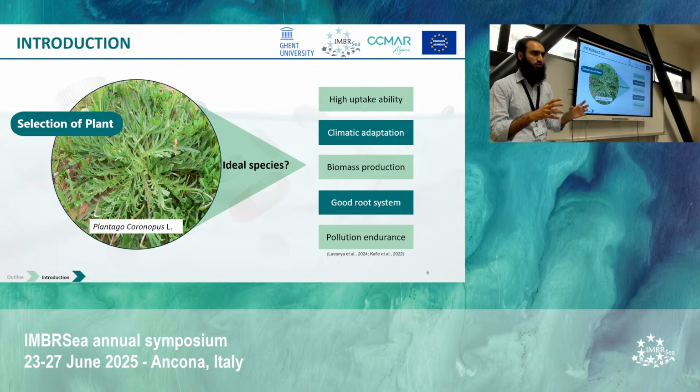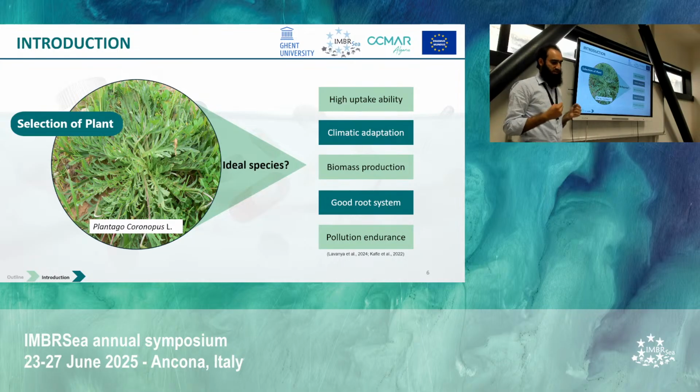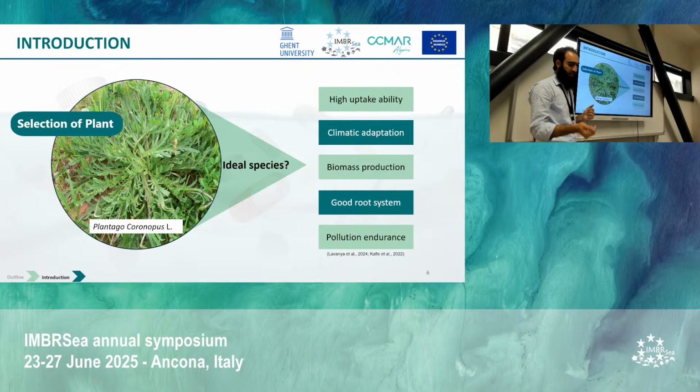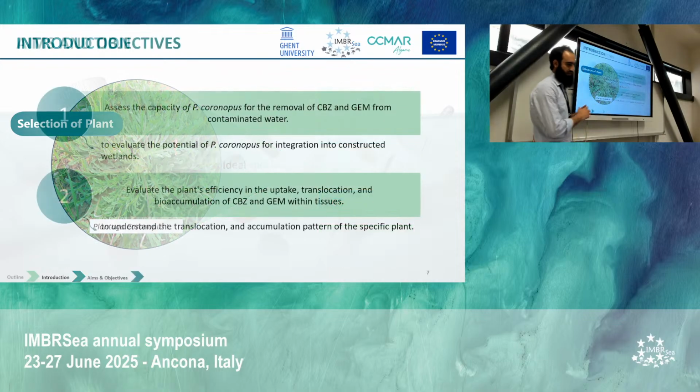If there is a good root system, we can expect it to extract more contaminants from the soil or the water. Also, if a plant is extracting a contaminant, it should have the ability to endure that pollution. This is already established in the literature as what an ideal species looks like.